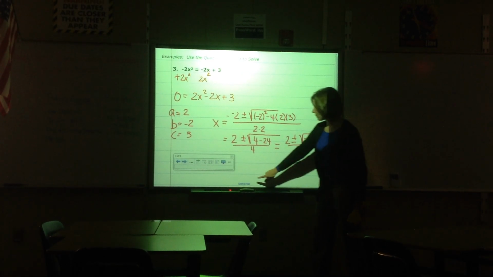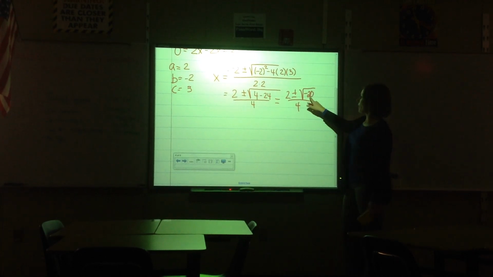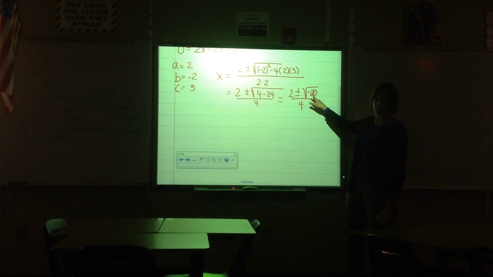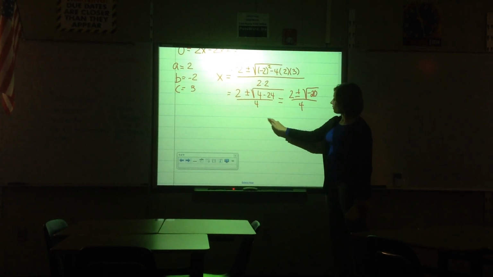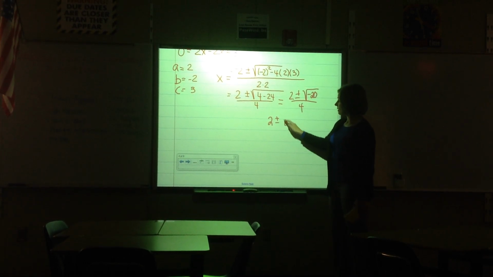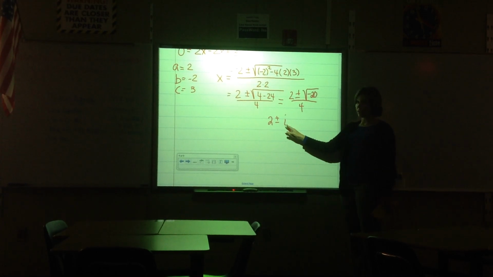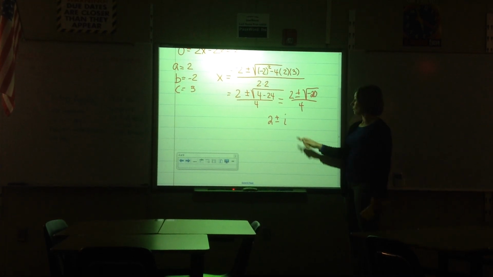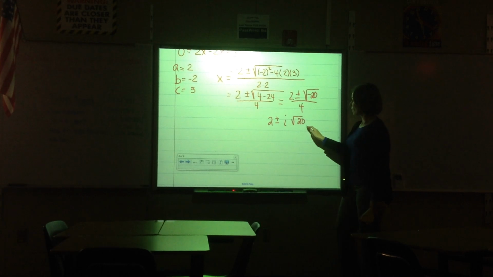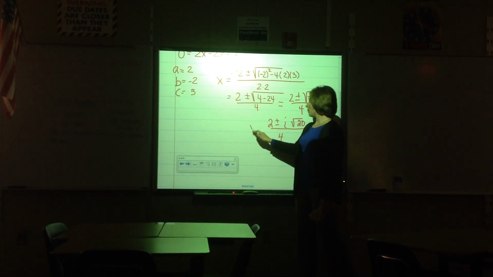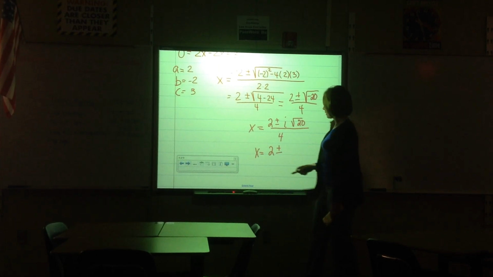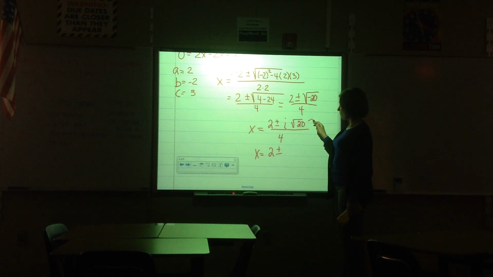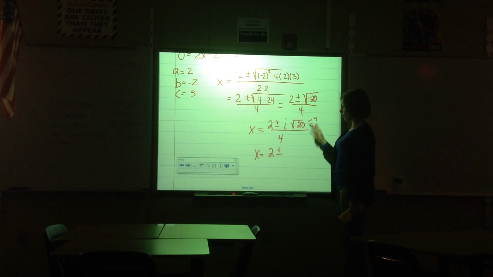Now, this past couple days, we've been simplifying the square root of -20. You need to simplify that here, okay? So we're going to have 2 plus or minus, the negative underneath means we're going to have that i out in front. We have the square root of 20 over 4. Go back to your geometry days, simplifying the square root of 20 breaks down into 4 times 5, the square root of 4 is 2.